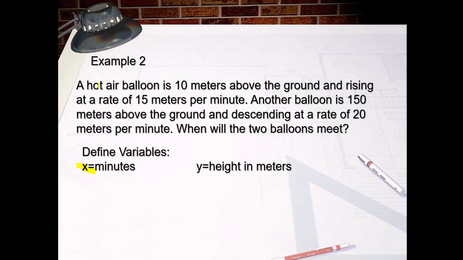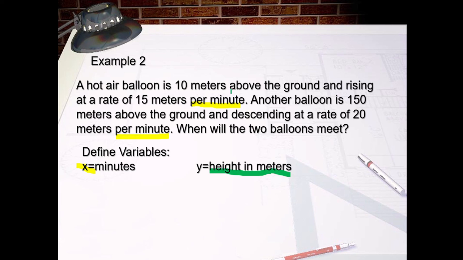Where are the minutes? It says I have meters here and meters per minute. It says 10 meters. It says 15 meters per minute. It means per 1 minute. So I have a variable called minutes. Then I have another variable, height.